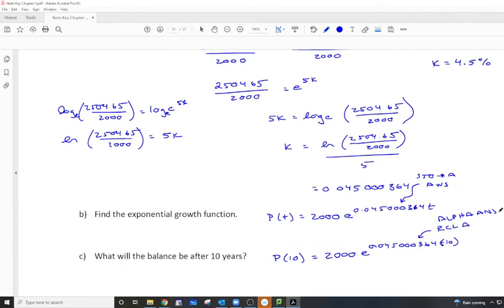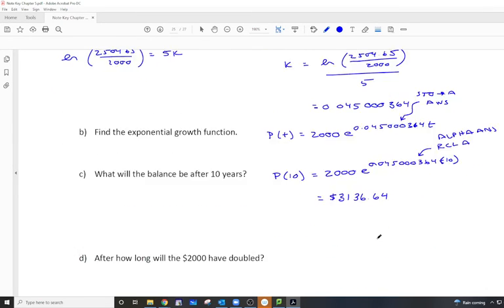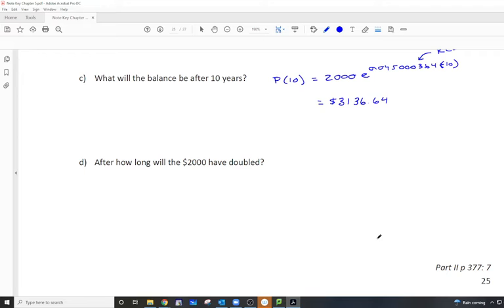So to type this in, I'm going to go 2,000 times e to the bracket, recall A, times 10, unbracket, equals. And I get, after 10 years, that I have $3,136.64.